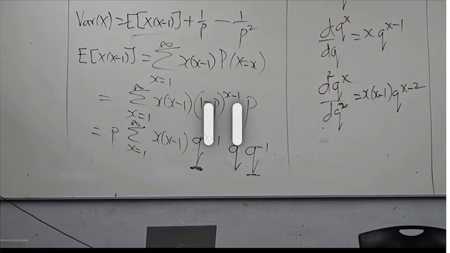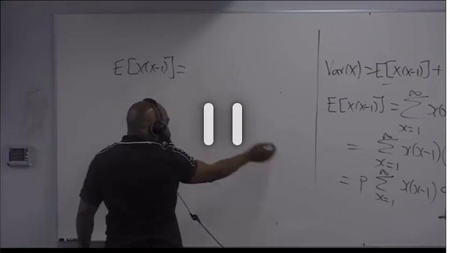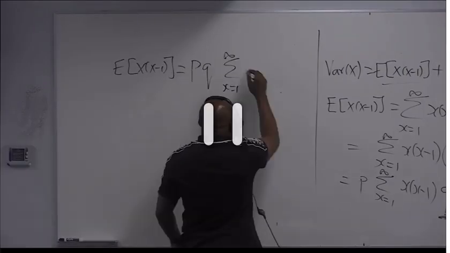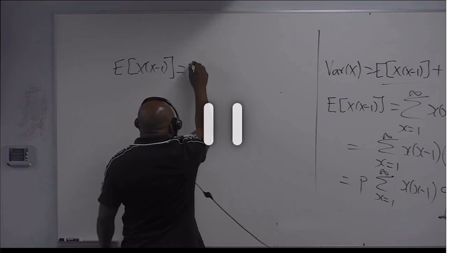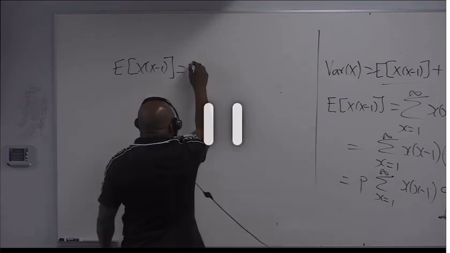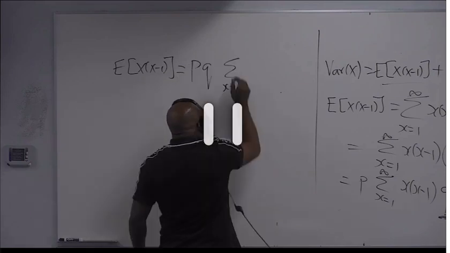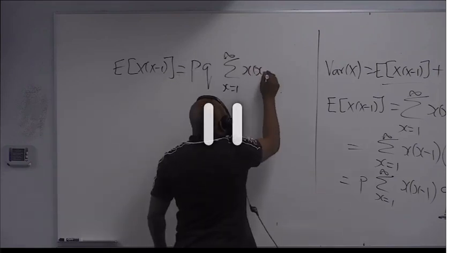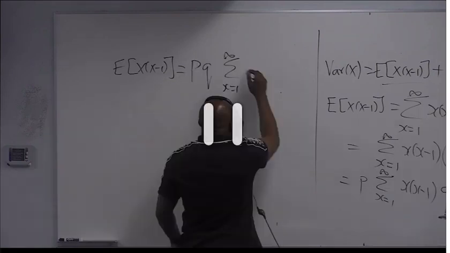Right now, expectation of X into X minus 1 will be P. Here I want this Q to come out, PQ, then the sum with X starting from 1 to infinity of X into X minus 1 times Q to the X minus 2.